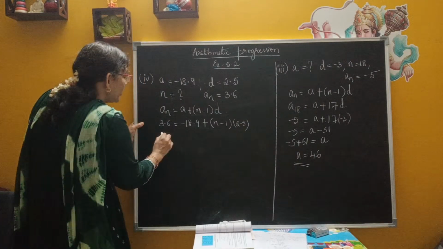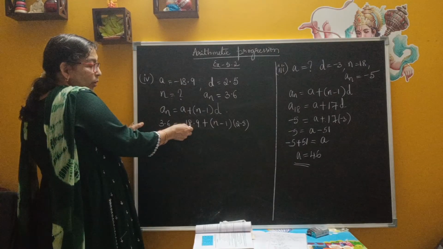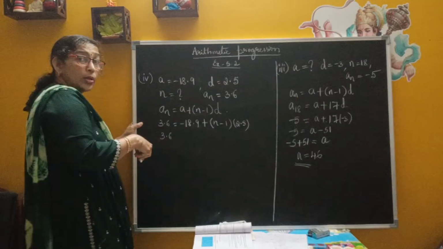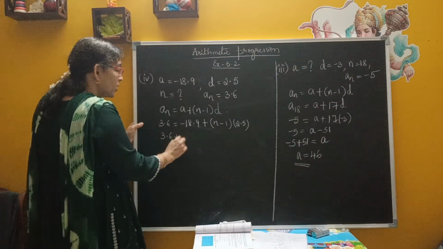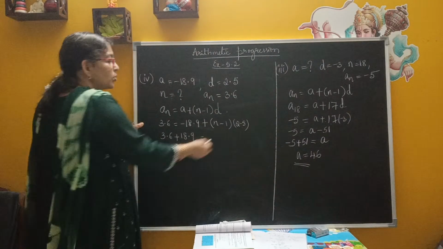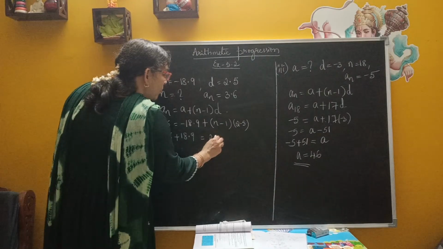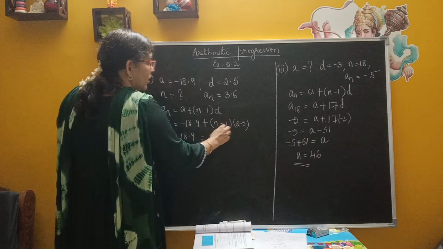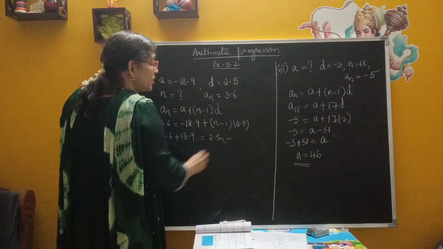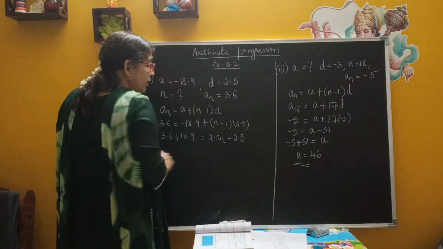So let us simplify this now. 3.6 minus 18.9, I will transpose it to the LHS. So it becomes plus 18.9 is equal to, multiplying this, n into 2.5, 2.5n. Plus into minus, minus 2.5 into 1 is 2.5.